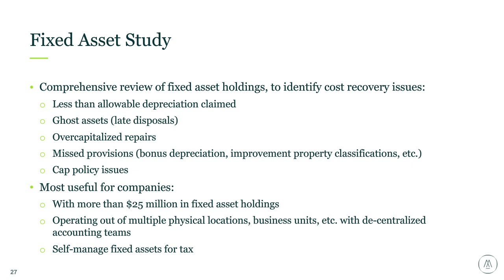So the real value is having a professional take an objective look with a good understanding of your business and being able to identify costs that are more business related rather than facility related, and help you accelerate losses and deductions in those areas. Important to note here that you could go back as far as it makes sense to, as long as we still have assets being depreciated actively on the books. It makes sense to go back and revisit the cost recovery methods currently being used for those items.